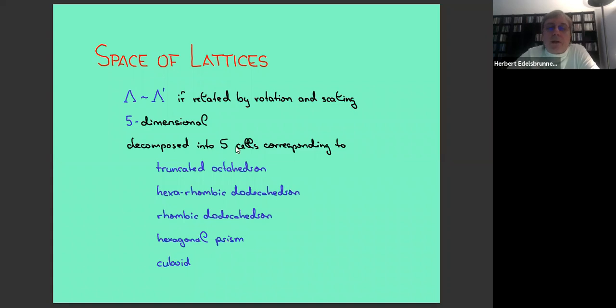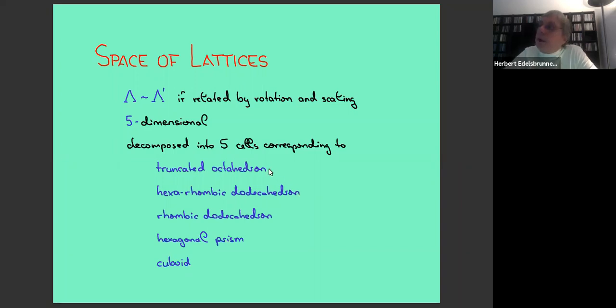And therefore, I get a decomposition of this 5-dimensional space in only 5 cells. And only one of them is actually 5-dimensional, namely the cell that corresponds to the truncated octahedron. And the others are lower dimensional. So this is maybe interesting to keep in mind, that this truncated octahedron cell really determines this whole 5-dimensional space.